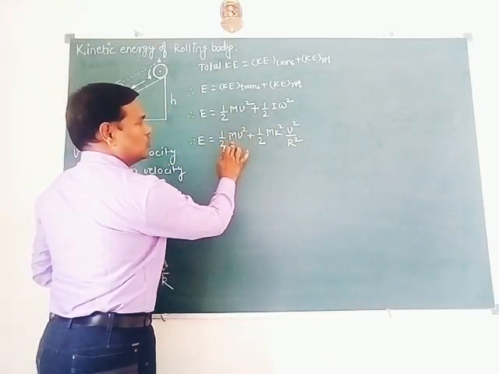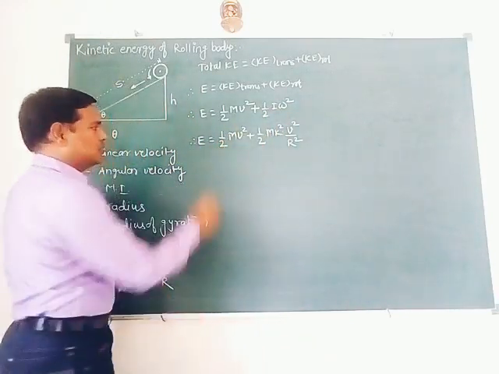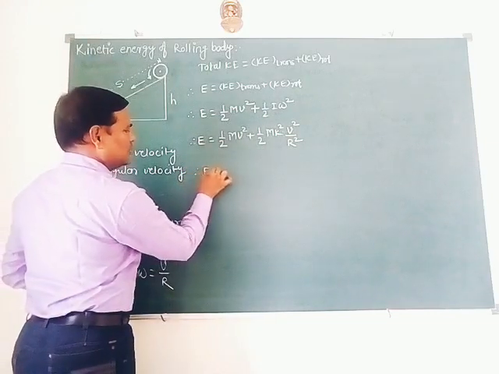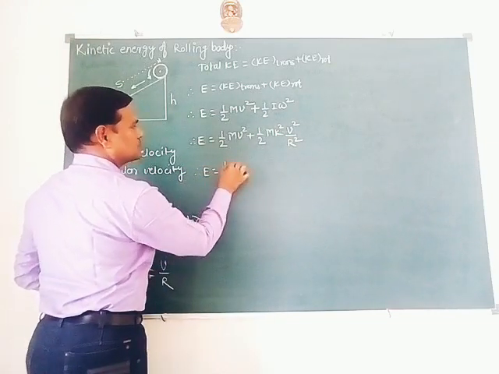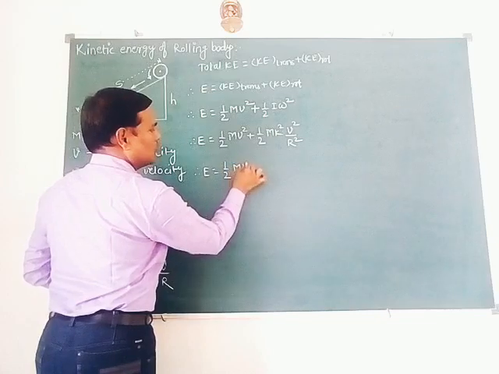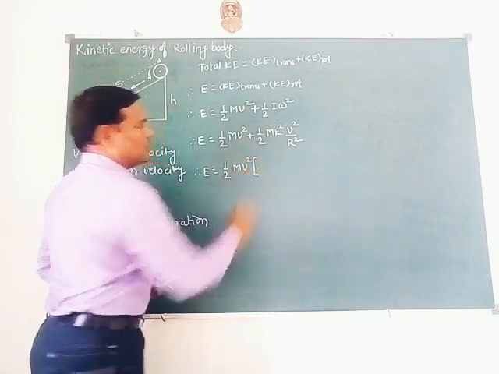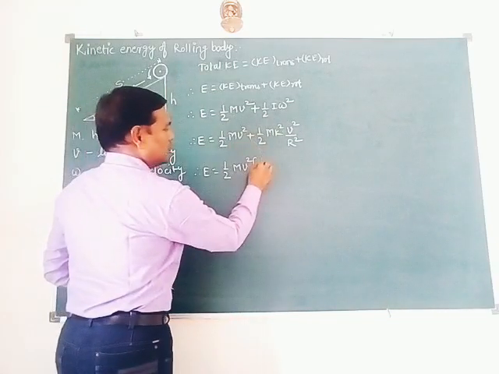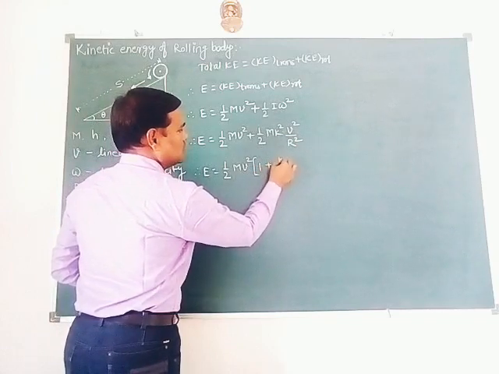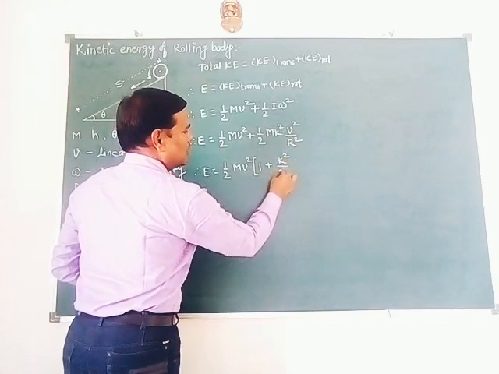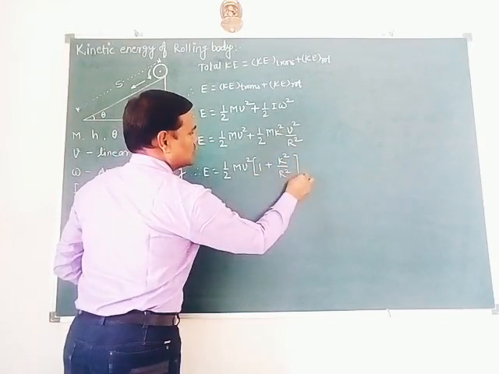It is 1 by 2 m v square that is common. So we can write this as capital E equal to 1 by 2 capital M v square in bracket, 1 plus k square by r square.